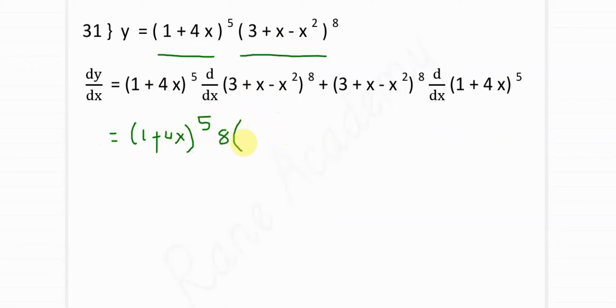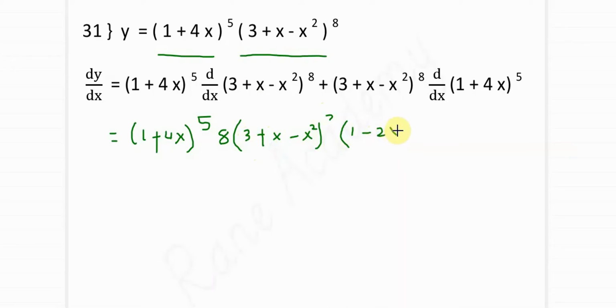The power will get reduced by 1, so 3 plus x minus x square whole raised to 7, and what we are going to do, we are going to differentiate the innermost term. Now the derivative of 3 is constant, it's 0, then derivative of x is 1 minus derivative of x square is 2x.